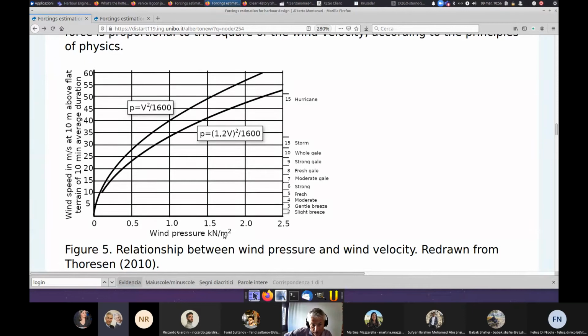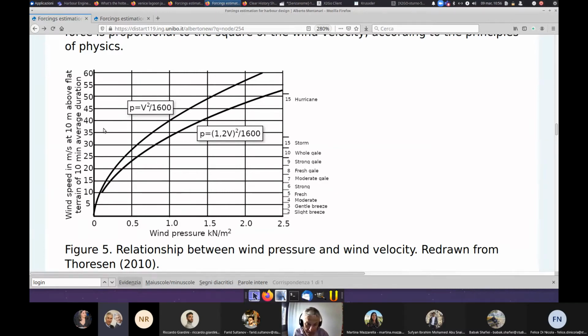You see two curves. Why two curves? Because the lower one, which gives higher pressure for the same wind velocity, refers to a gust factor of 1.2, which is the safety condition that we should adopt.